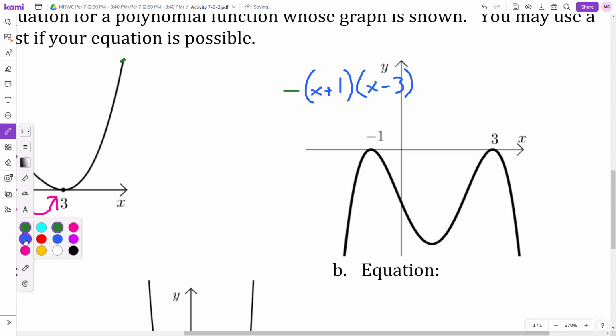And anything else? Yep. They both have a bounce, so they're both squared. So that means it's y equals this stuff. And that's good. We did it. That is our answer.